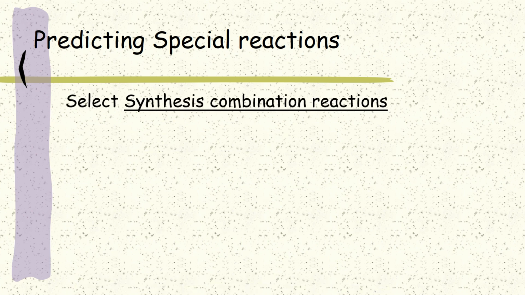And so I talked about predicting synthesis. For the most part, predicting synthesis is fairly easy, but we need to make sure that we're aware of a few things in it. All right. So synthesis combination reactions. If I have a metal plus oxygen, it becomes a metal oxide.